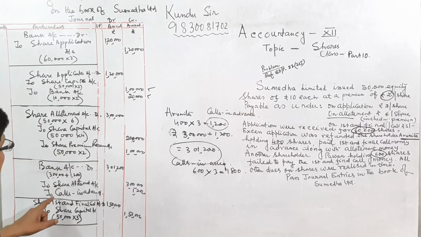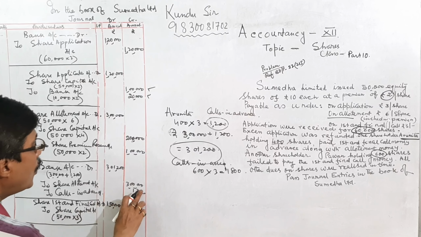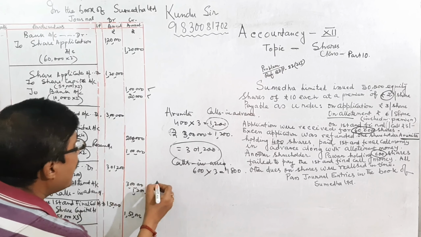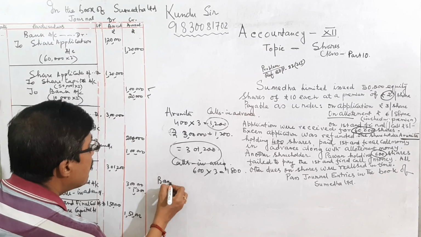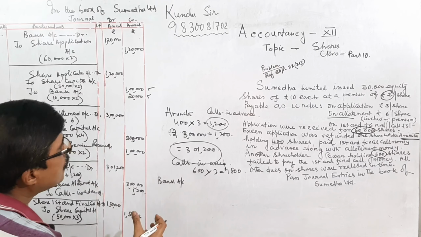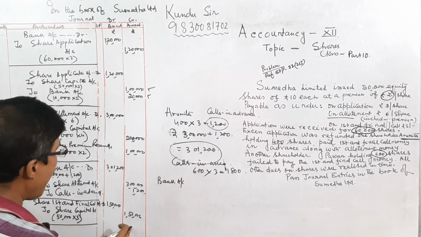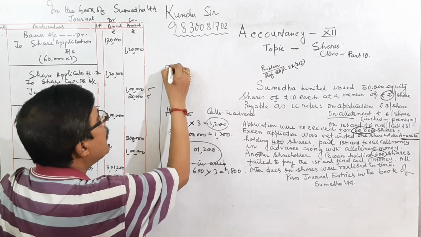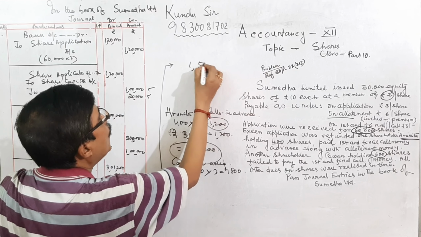Now we have already got 1200. So bank account debit. How much will we get? Our due amount is 1 lakh 50,000.